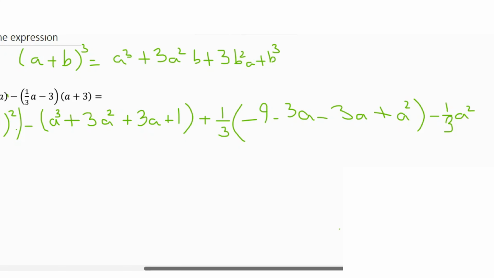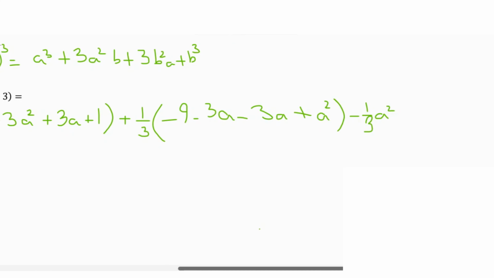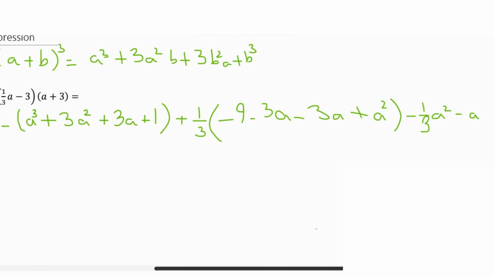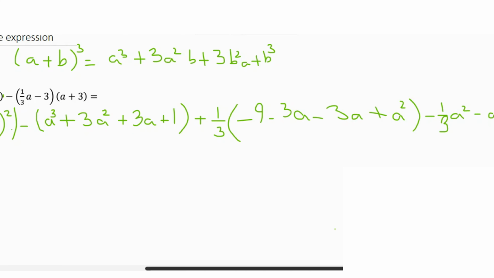And that would be just negative a because this 3 and this 3 would cancel out with each other. So that is going to be negative a. And now we would distribute this positive 3a.